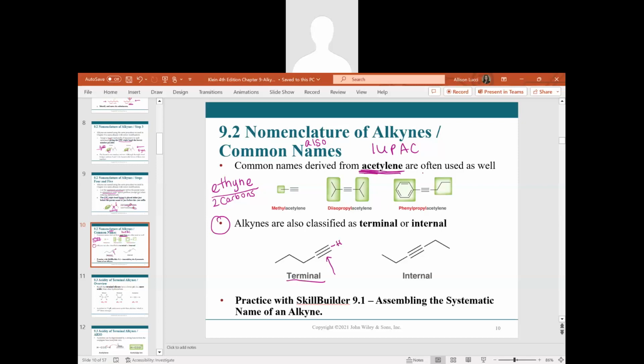And then we have what's called an internal alkyne, and that just means that there are other alkyl groups on the ends beyond the triple bond. So the triple bond is internal in this compound. It's inside. It's not on the end. So you can start practicing nomenclature, but I will make sure to walk us through some of the practice problems and how to name alkynes.